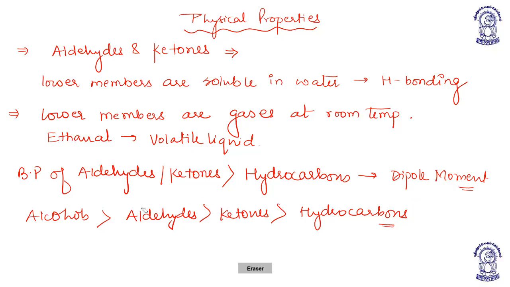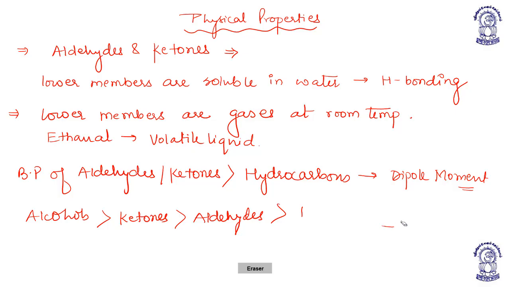Sorry, the ketones' boiling point is more than aldehydes. Understood? Then comes hydrocarbons, or we can also include ethers before hydrocarbons. Understood?